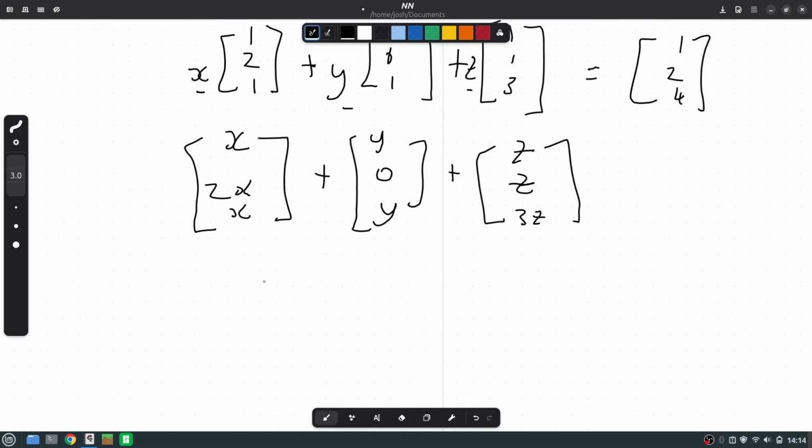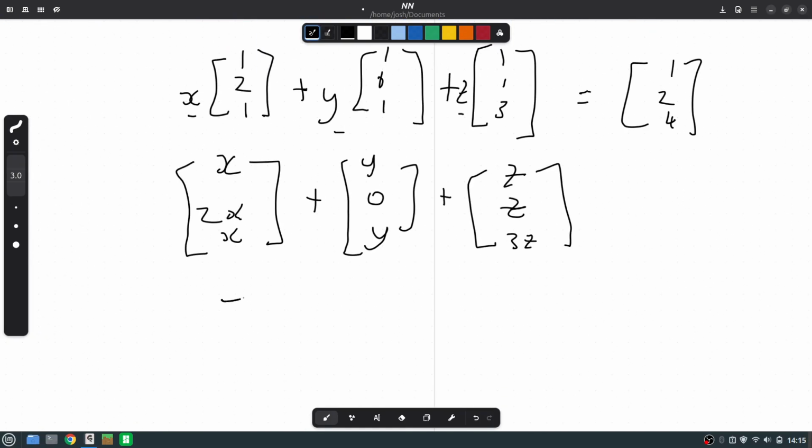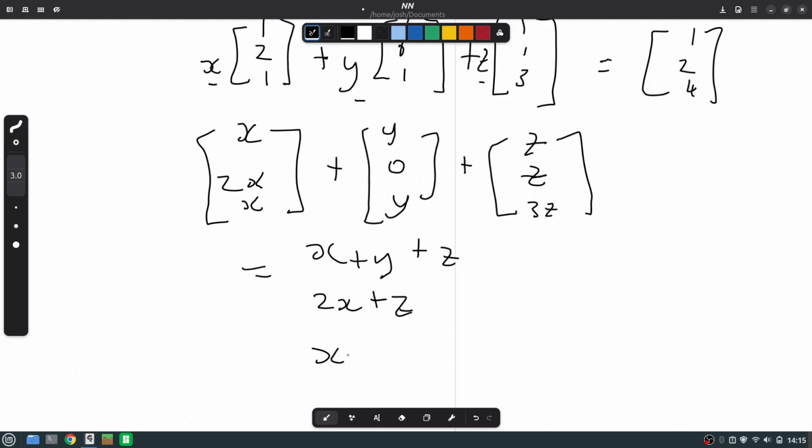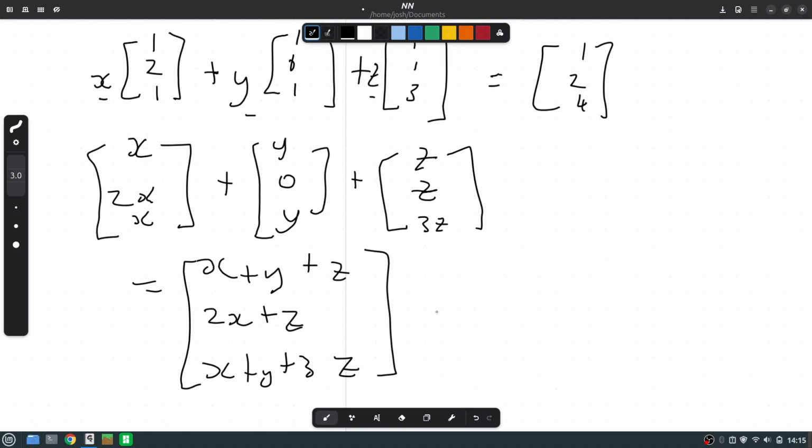And then if we added them together, we're going to get x plus y plus z, 2x plus z, and x plus y plus 3z, one big vector like this. And this is equal to 1, 2, 4.